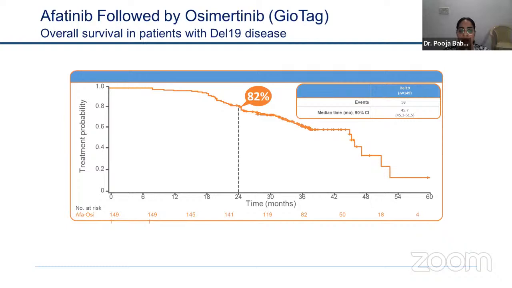But the only thing is how many patients post afatinib would eventually go on to second line osimertinib, that we would be seeing in more and more clinical trials and real world scenarios. Thank you, and I conclude my talk.